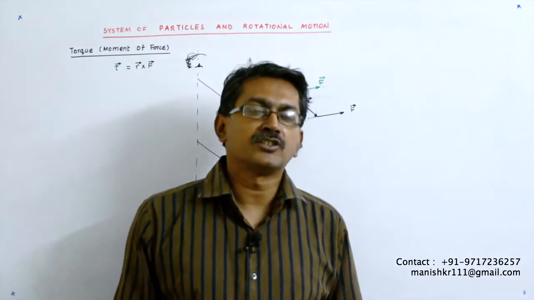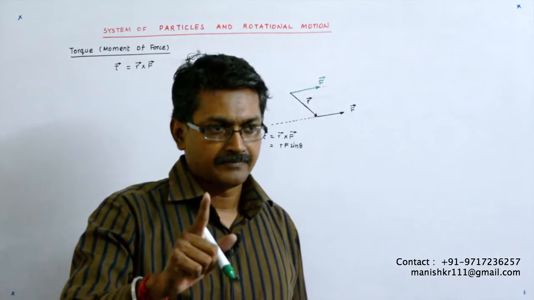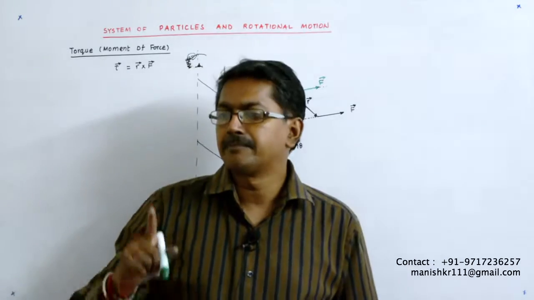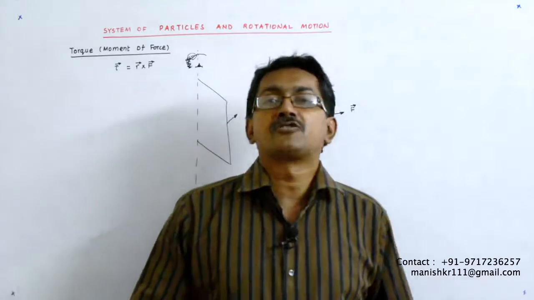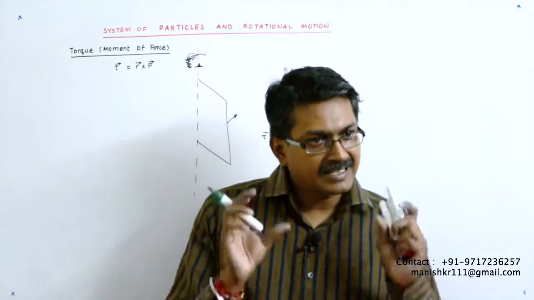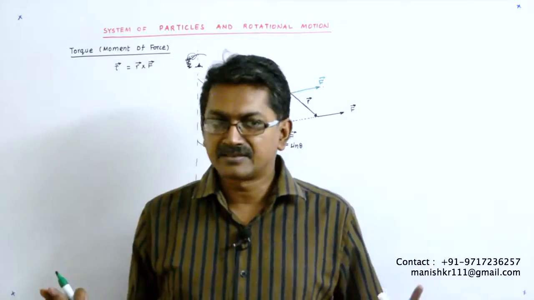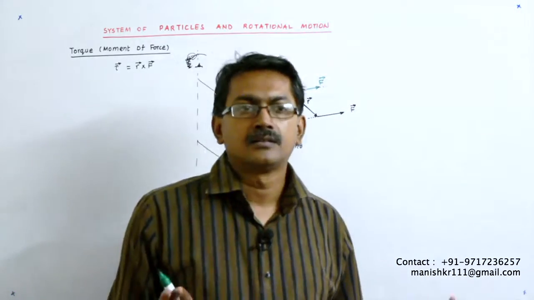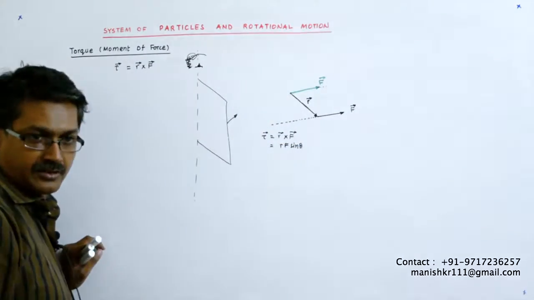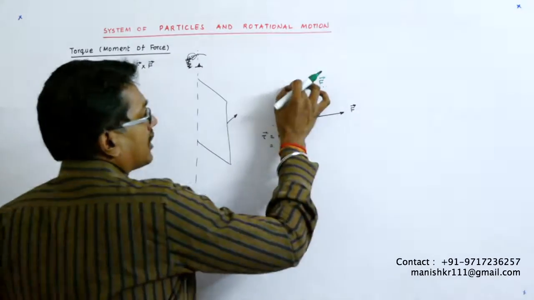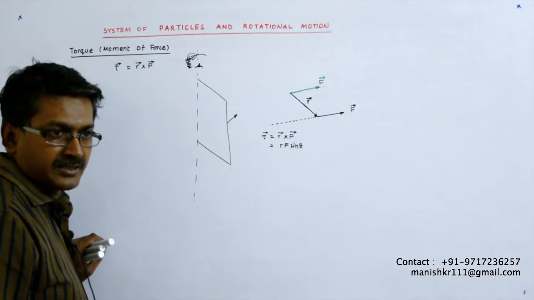How do you make them co-initial? Because we are dealing with free vectors which can be shifted parallel to themselves without changing their identity. That means their length has to remain the same, they have to be parallel to themselves, their identity remains the same, so they still remain an A vector, and here they still remain the F vector. And I could have also shifted this here, no issues. R parallel to itself, so no issues.